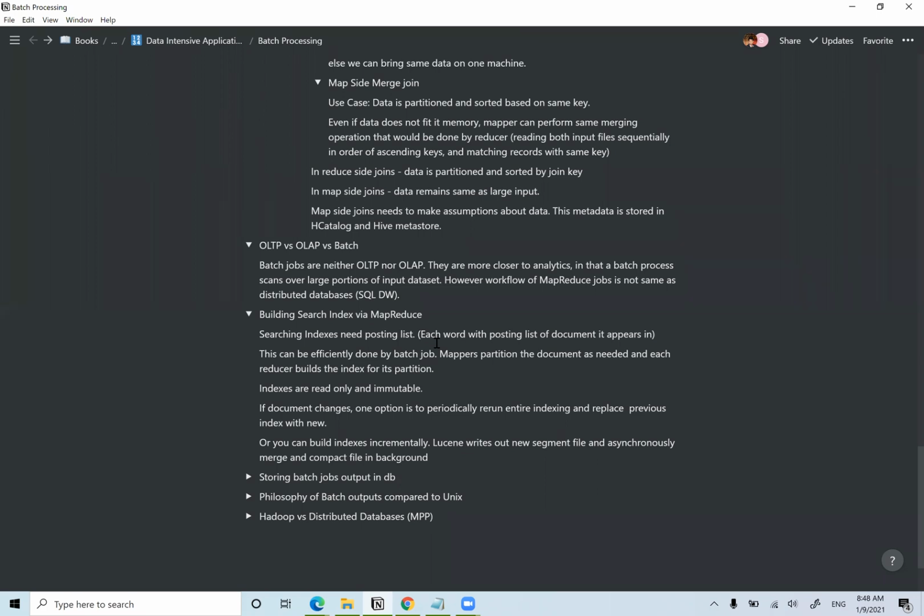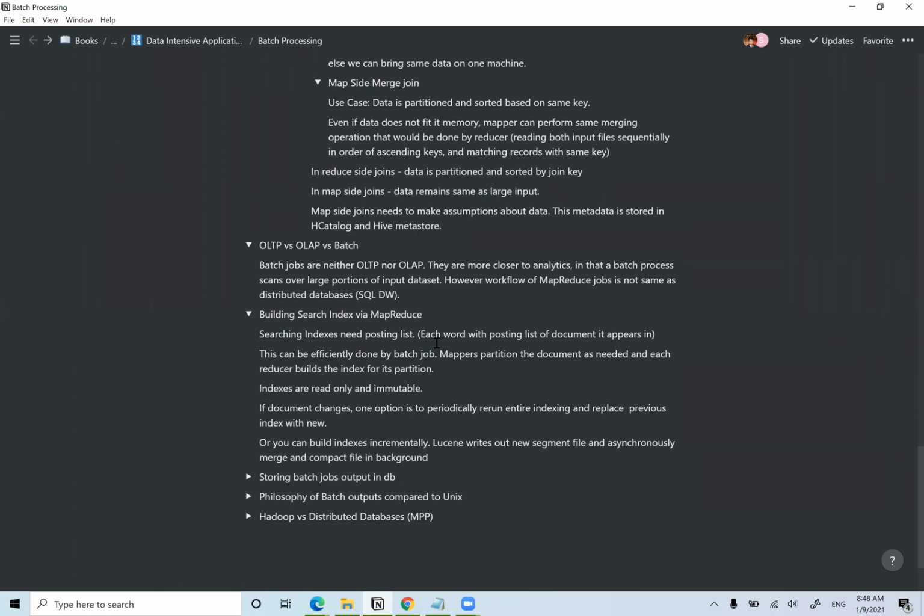This is okay in search scenarios, because a search engine like Google never guarantees that its index is totally up to date. There could be a new web page which has come up, or some changes in a web page, but your search index might still not have indexed that page.